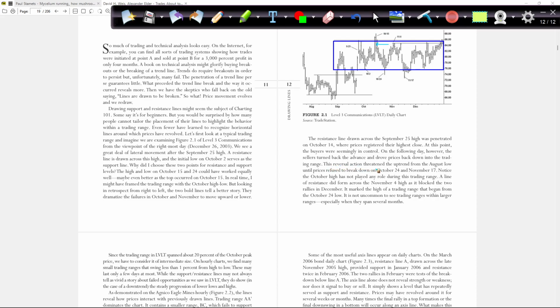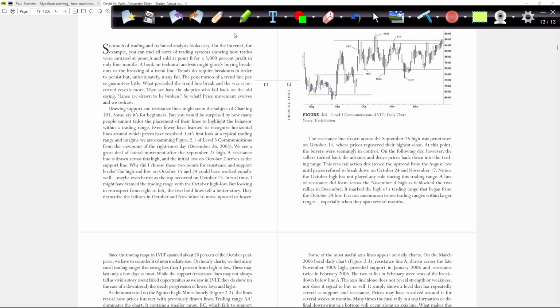This reversal action threatened the uptrend from the August low, this one, until prices refused to break down on October 24th. It did go down and tested this trading range, its October trading range.